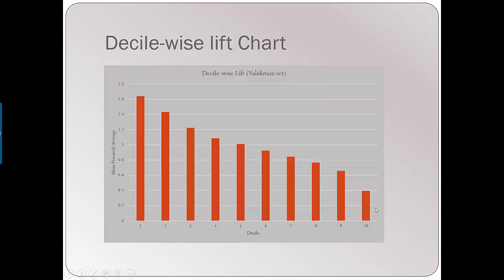It looks something like this. You have 10 equal parts, and for the first part, this is the ratio of y to y bar. If the model is really good, you will find really tall bars in the top deciles and then tapering off down in this fashion.